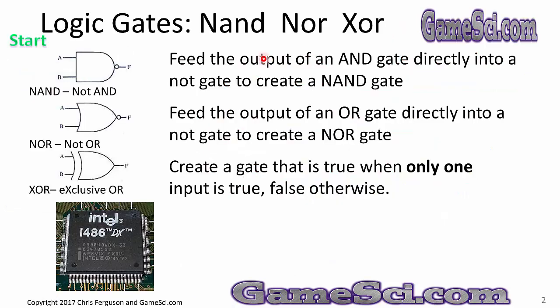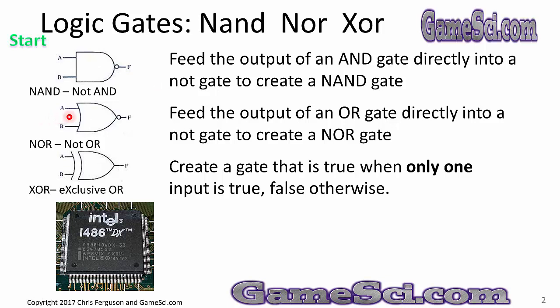Logic gates. NAND, NOR, and XOR or exclusive OR. This is the NAND gate. It means not AND. If you feed the output of an AND gate directly into a NOT gate, you create a NAND gate or not AND.